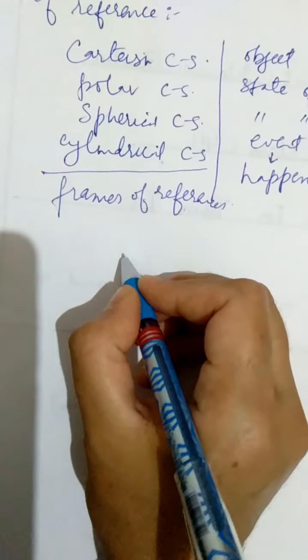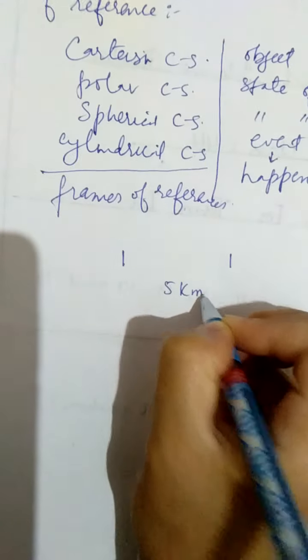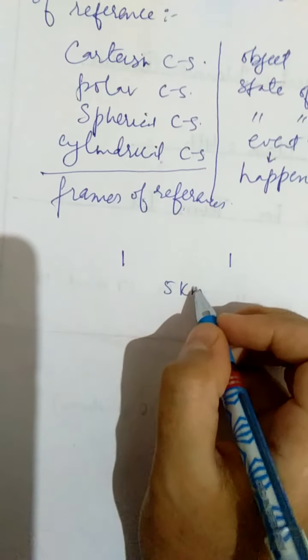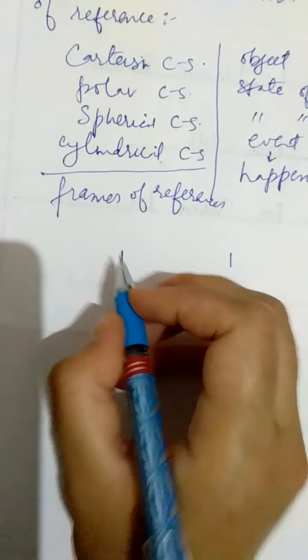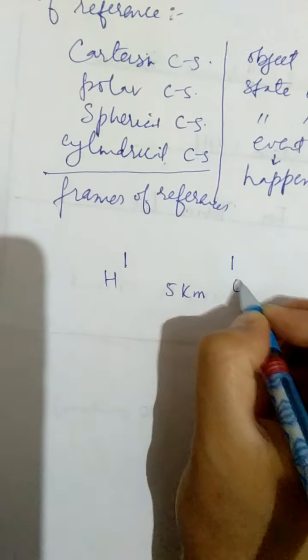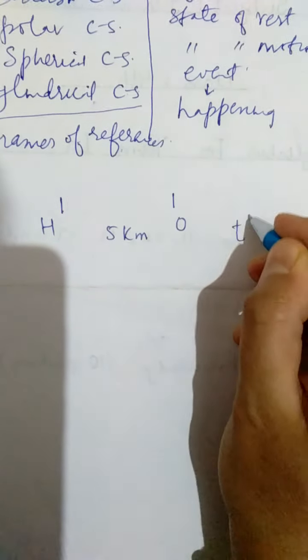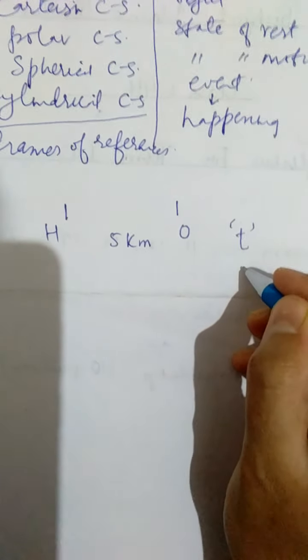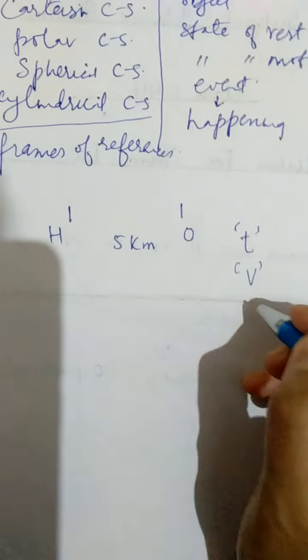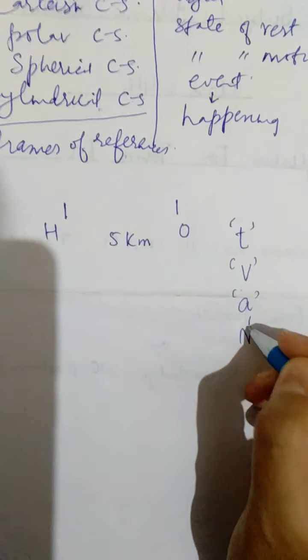Now, for example, if I say that I have moved 5 kilometers, this is not complete information unless I say that I have moved 5 kilometers from my home to my office, say. And then I also have to add certain parameters: that I took this much time, my vehicle moved with this much velocity, my acceleration was this much, and I was moving in the north direction, for example, right?